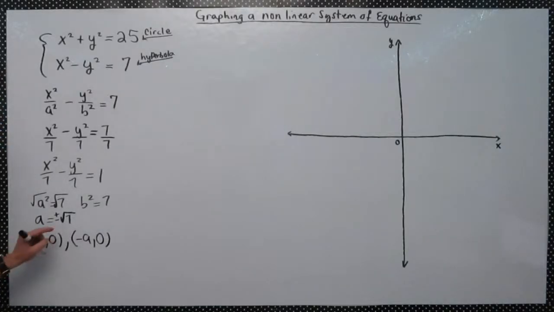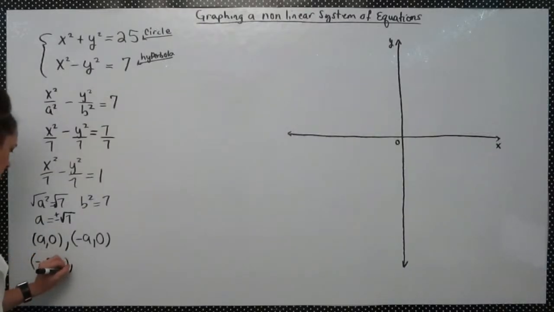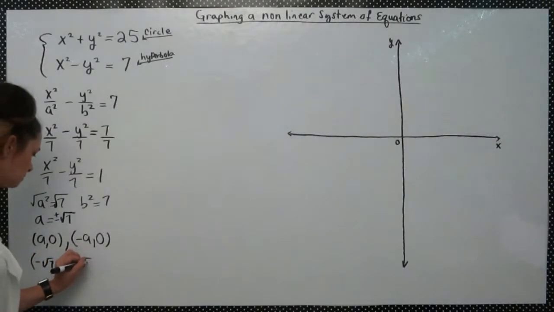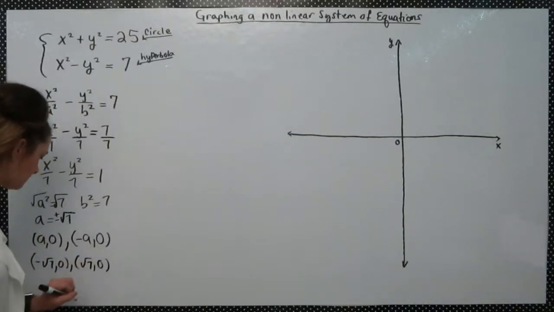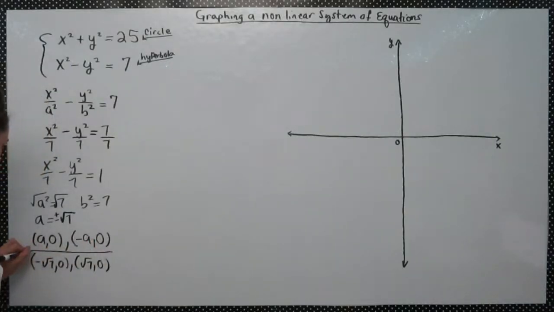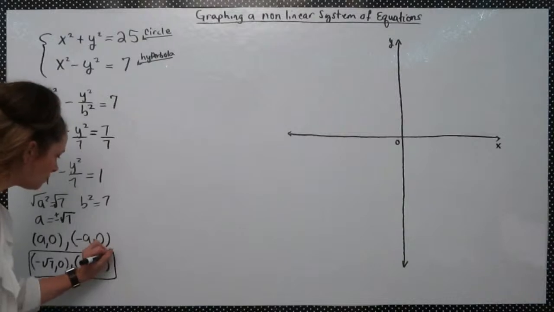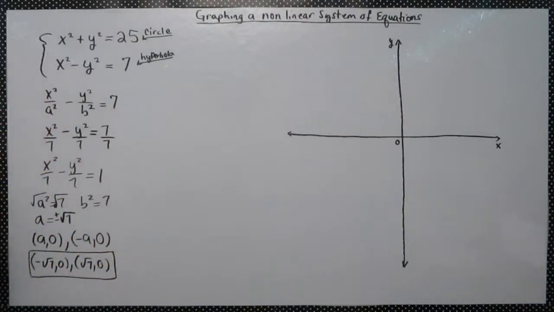So then you have two values. So you have negative radical 7 comma 0 and radical 7 comma 0. All right, so we have these two critical values on the graph of that hyperbola.